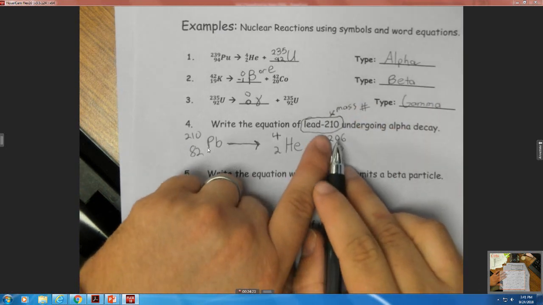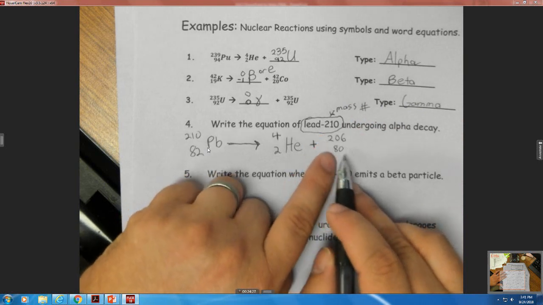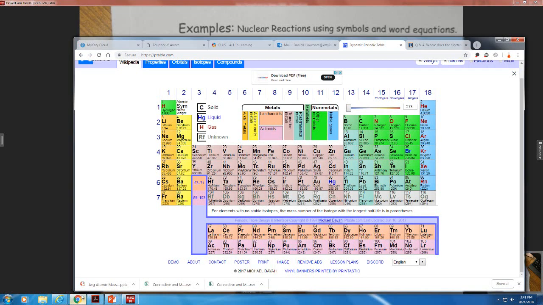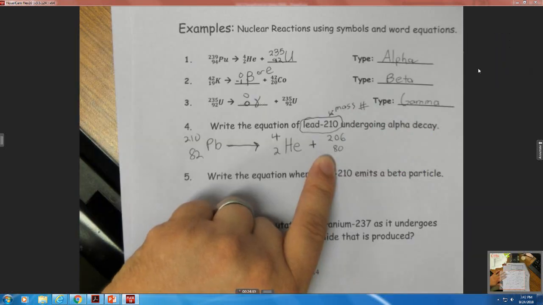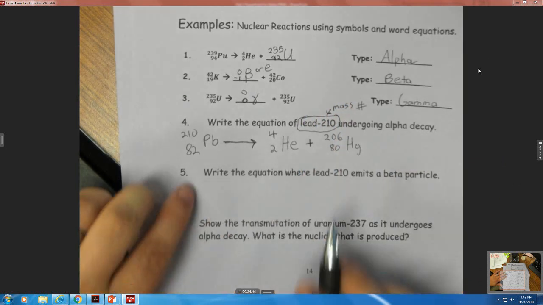So then I look up, what's my new element going to be? I use my atomic number down here. I look that up on my periodic table, and it was 80, right? So 80 is going to be mercury, Hg. You'll notice a pattern.